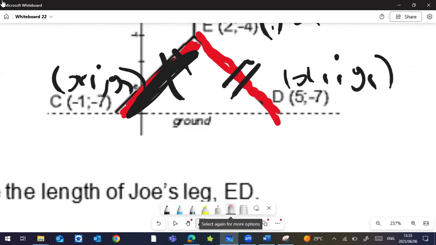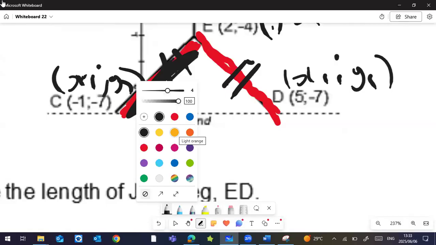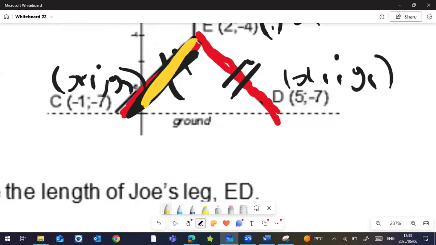What we have discovered in this case now is that these two sides are equal in this triangle.